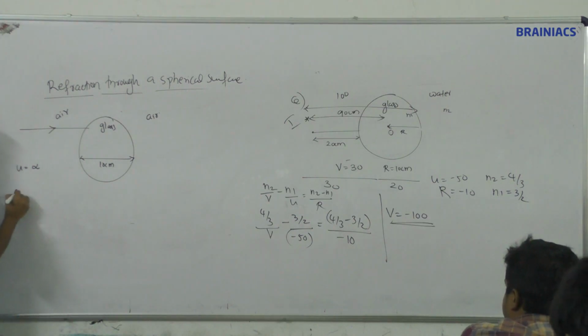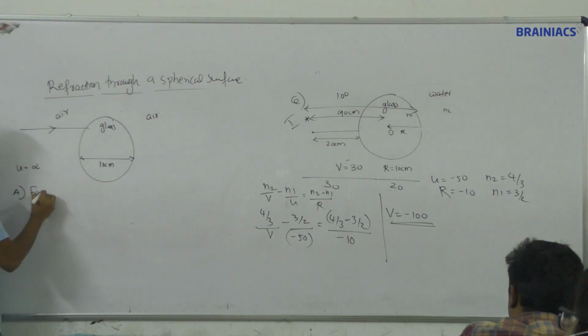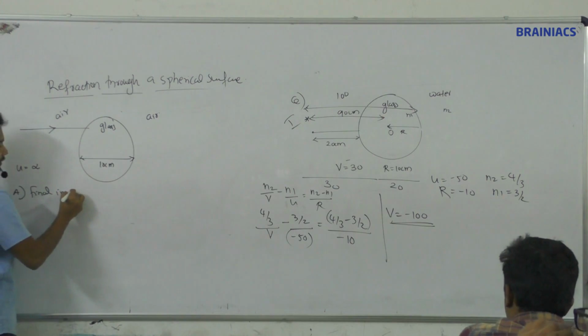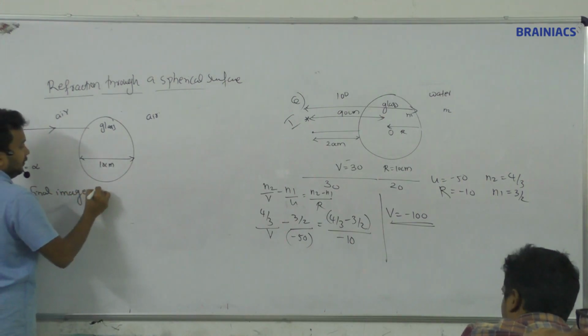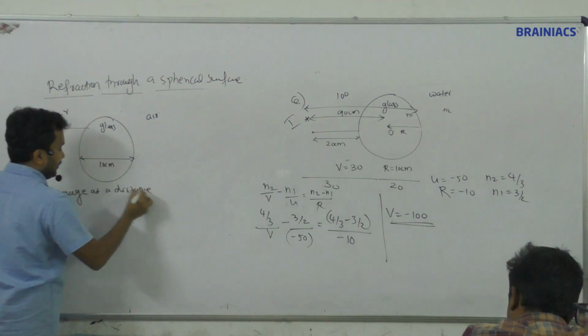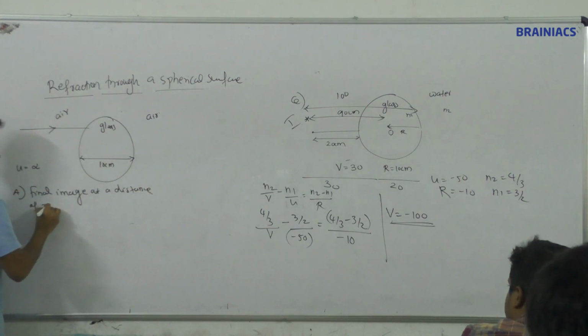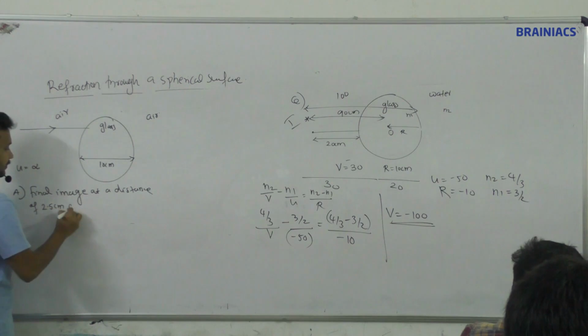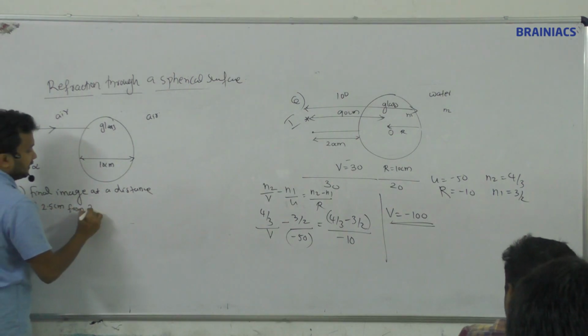I will give you that to try. In case you are not getting it, please come back to me. The answer: final image at a distance of 2.5 centimeter from the second surface.